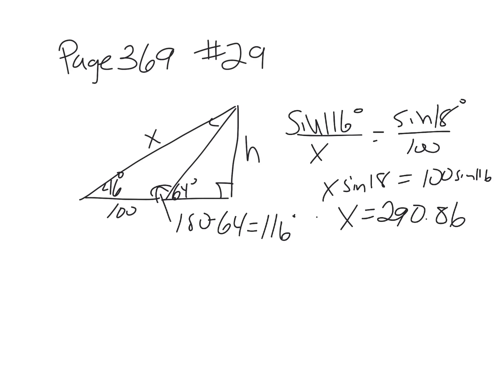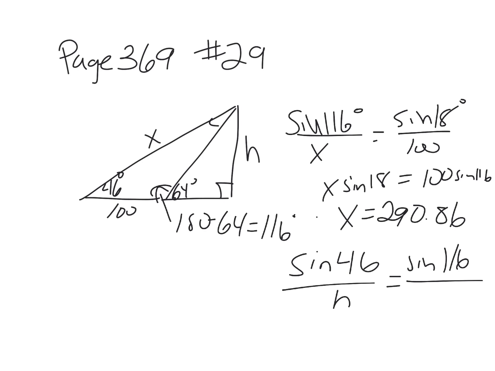That's what the problem asks us for, is h. So in order to find h, I know right away I'm going sine of 46 over h is equal to sine of 116 over what we just found, 290.86. Cross multiply.